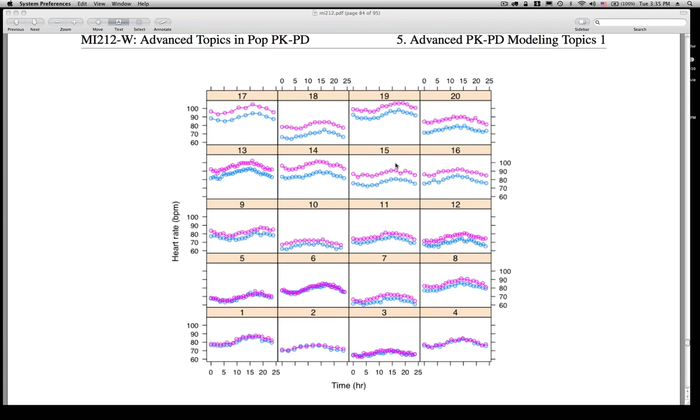And those are the observed data, but the simulation model used the same sort of structure. And you see here pretty closely in sync. We have the baseline and the treatment day.